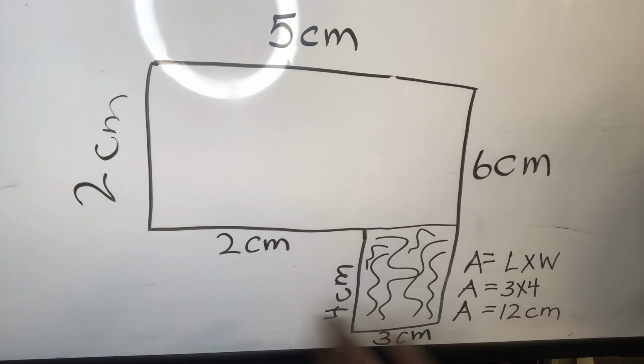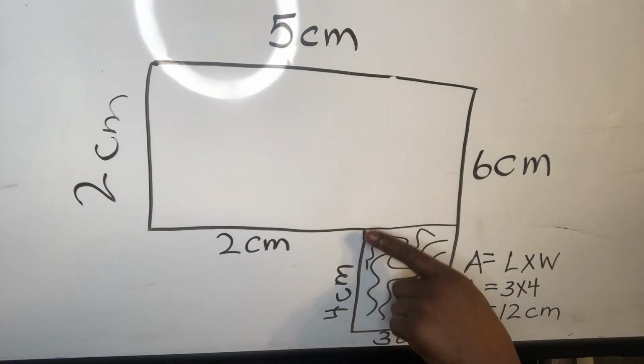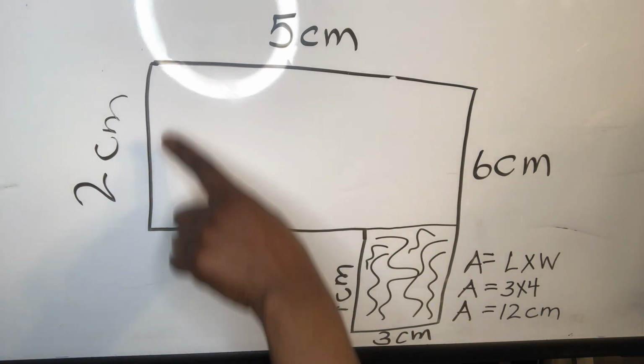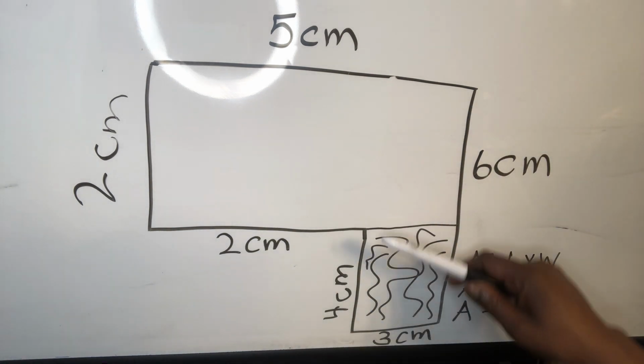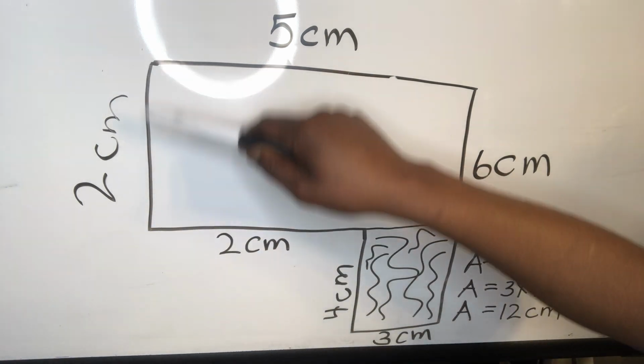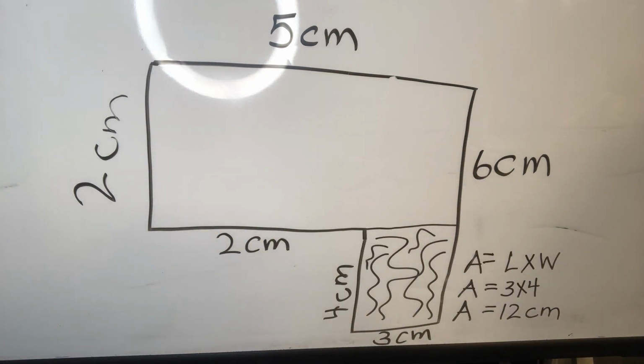So that lets you know that this part plus this part is what gives you our whole 6. Again, we've used the 4, so now we only have the 2 left. So we're going to focus in on our 2.